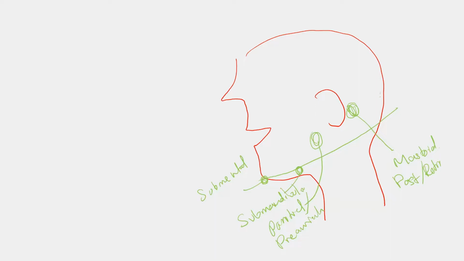Then at the most posterior part of the scalp, above the occipital area of the scalp, you have the occipital nodes, right? And in addition, on the cheek, you may have a lymph node called the buccal lymph node.